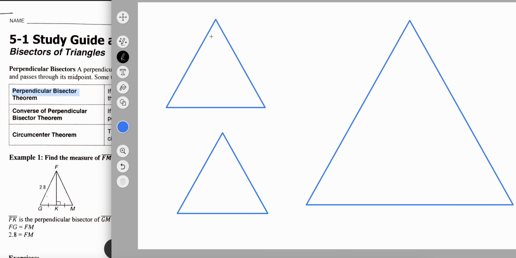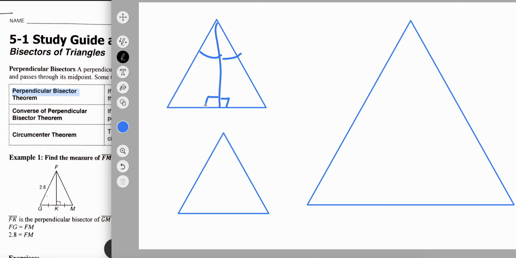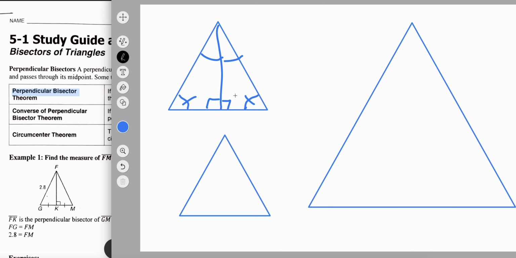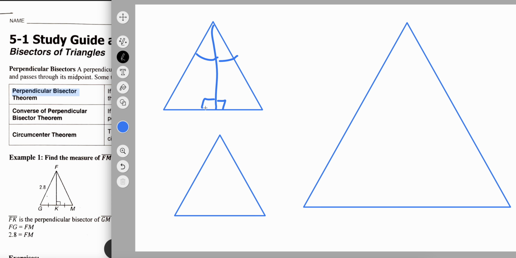So if that's true, and let's go ahead and put this line here, that these two angles are congruent, and we know that these two angles are right angles, then we can say for certain that this angle here and this angle here are congruent because of the triangle angle sum theorem, right? That's because a triangle's angles add up to 180 degrees.